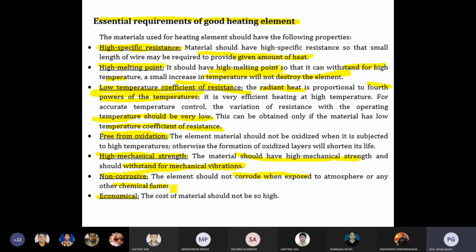Sometimes materials automatically oxidize in the presence of elements in the air, so that type of material should not be used. You have to use non-corrosive material.